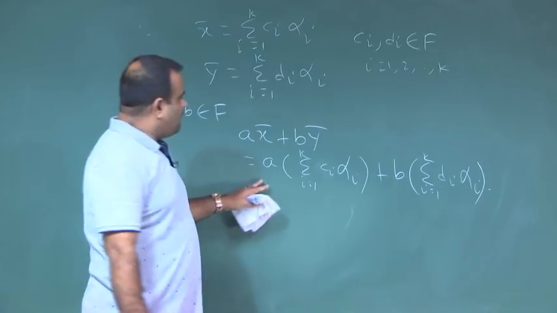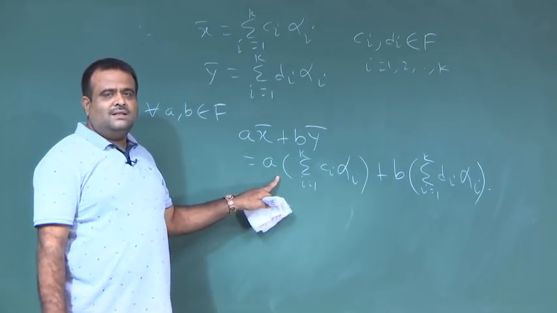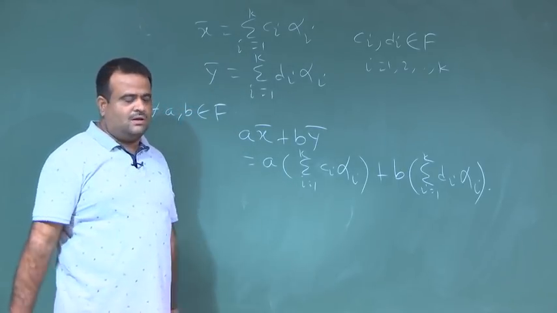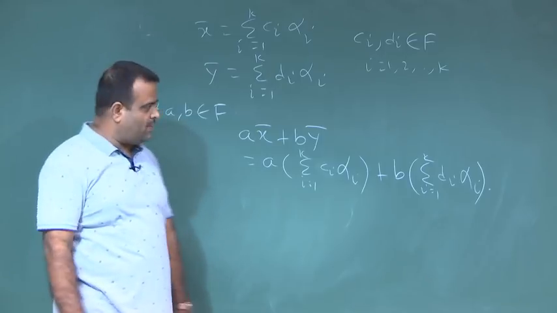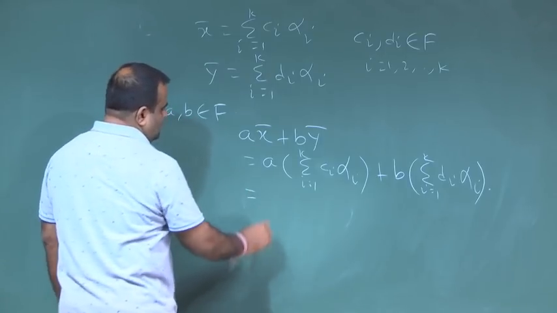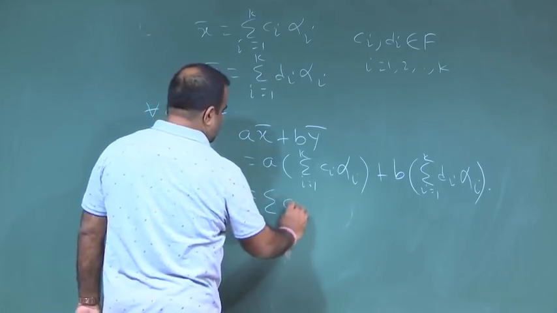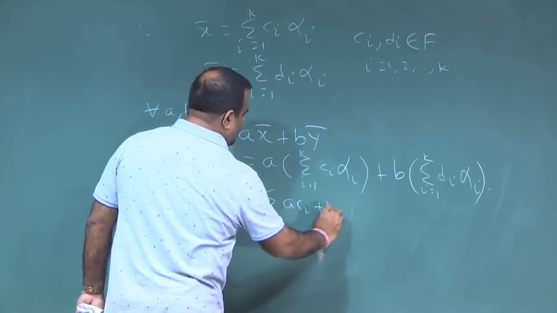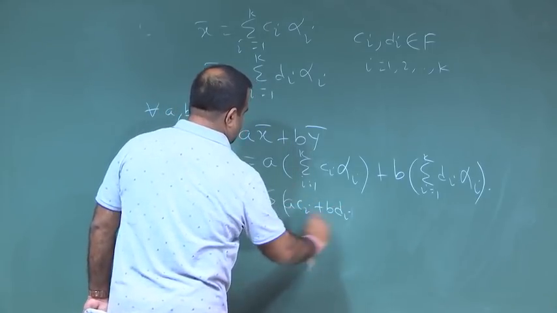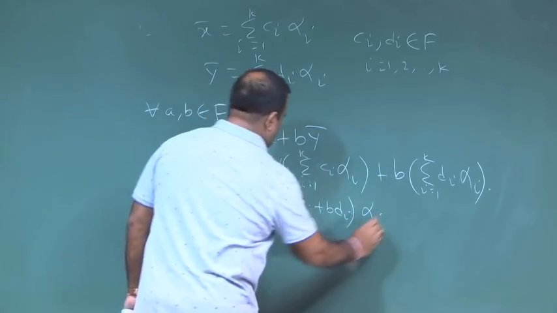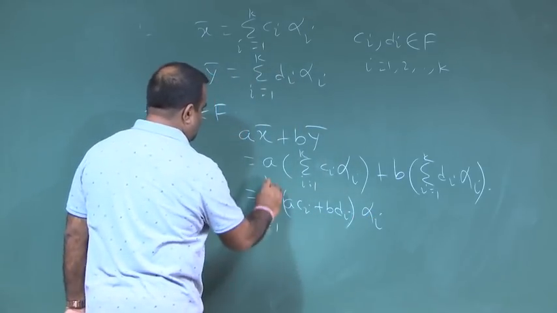Now, if we use the properties of scalar multiplication along with the associative property of vector addition, we can write this as the sum of (a c_i plus b d_i) times alpha_i, where i belongs to 1 to k.